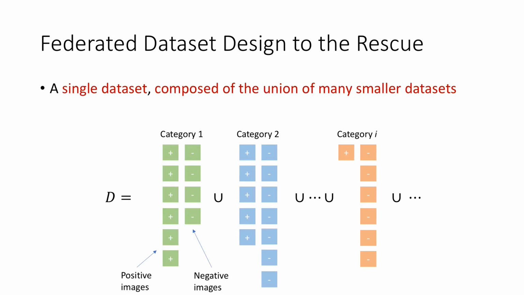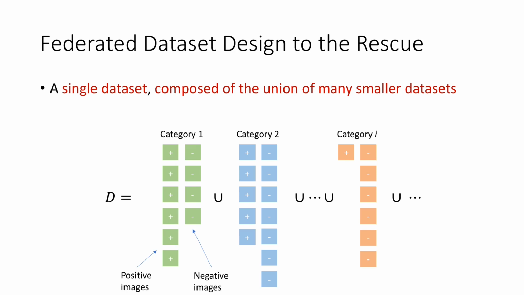Amazingly, all of these problems are elegantly solved using a new way to structure object detection datasets that I call a federated dataset, which is not to be confused with federated learning. A federated dataset is a single dataset that is composed of the union of many smaller datasets. In this figure, the overall dataset D is shown as the union of smaller datasets, one for each category.